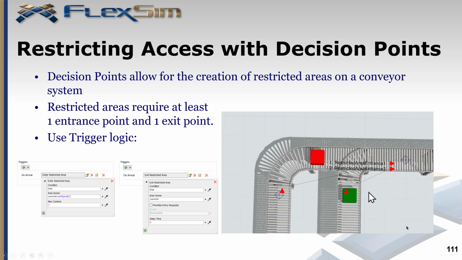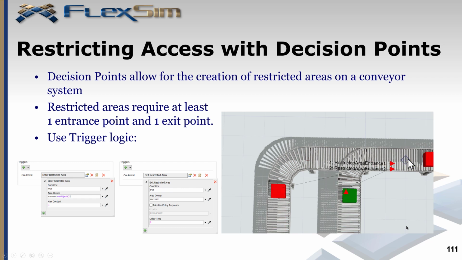And what is output port 1 connected to? Yet another decision point downstream, this one here, at the end of our so-called restricted area. To fully define then the restricted area, we will need to connect the decision points on these feeding conveyors to a decision point added at the end of the merge.